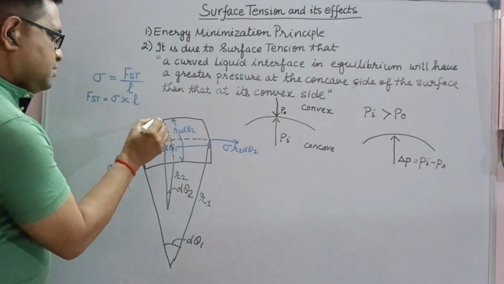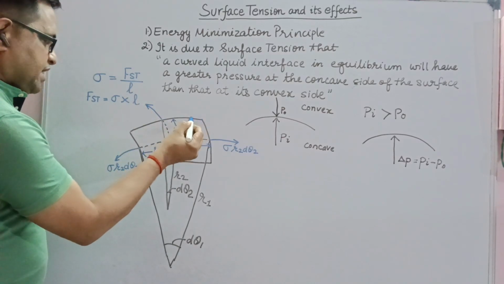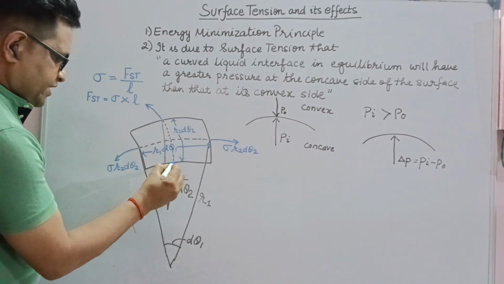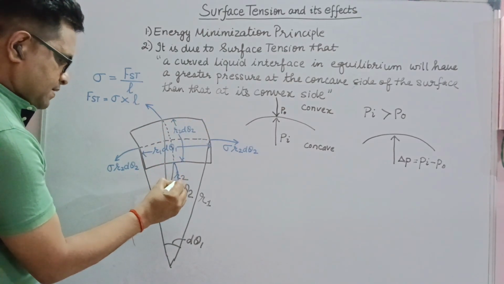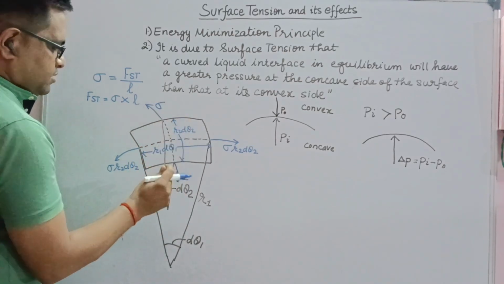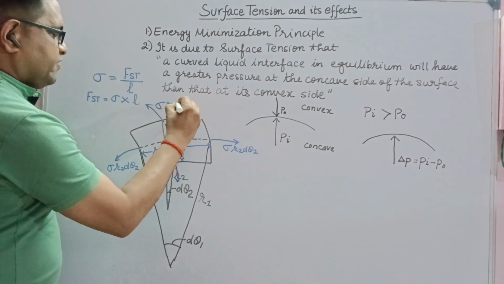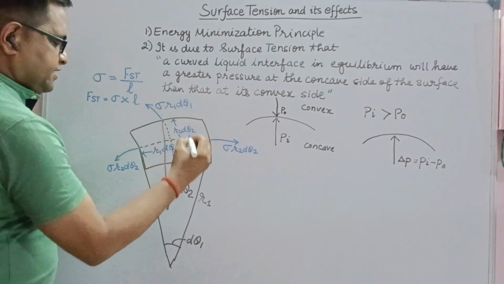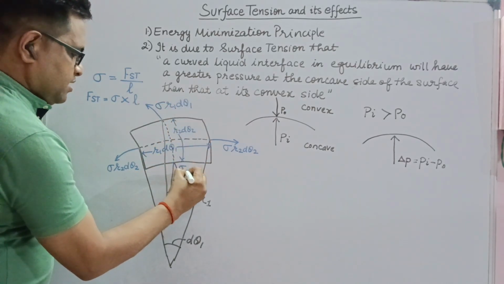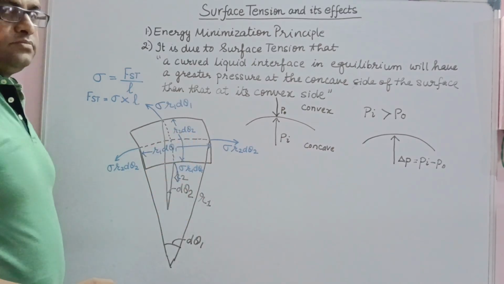Now for this, we again have surface tension acting along the entire length, and we may denote it like this. For this we will have sigma, the length is r1 d theta 1, so it will be sigma r1 d theta 1, and here also we will have sigma r1 d theta 1.